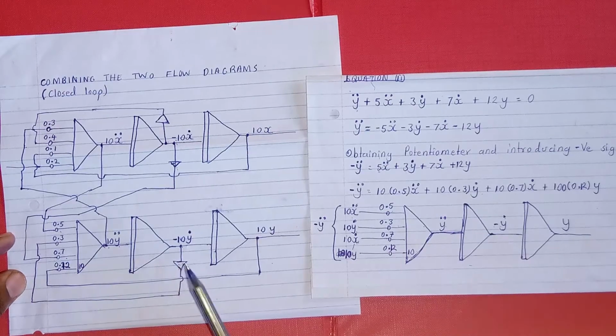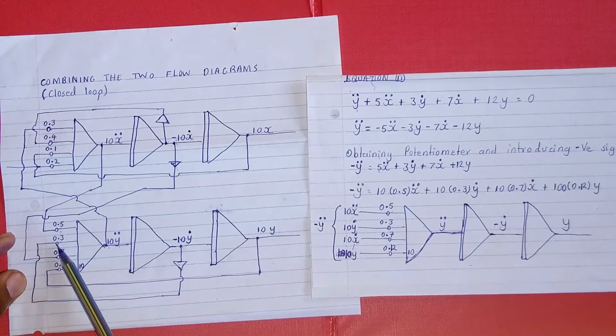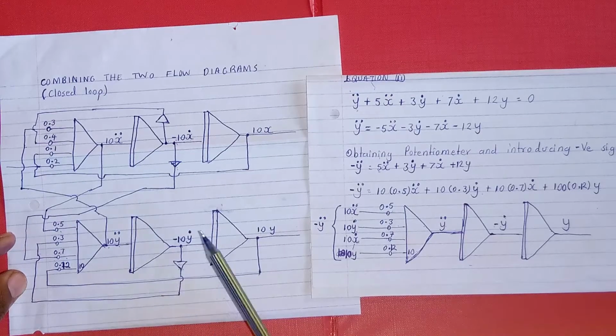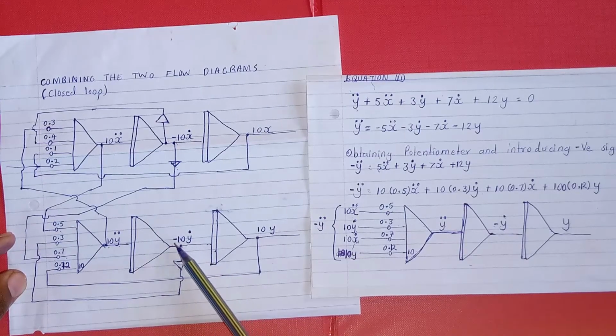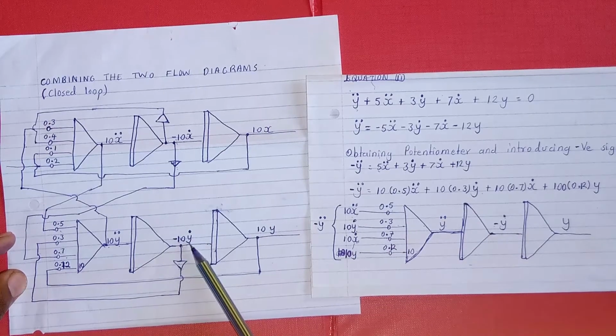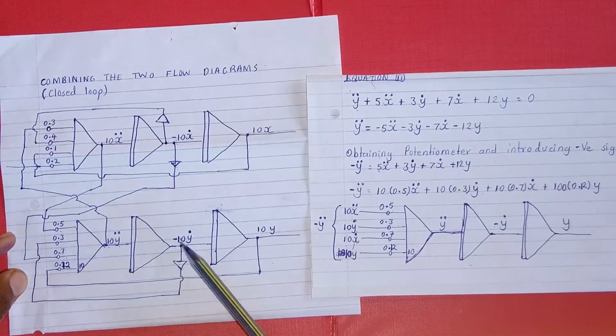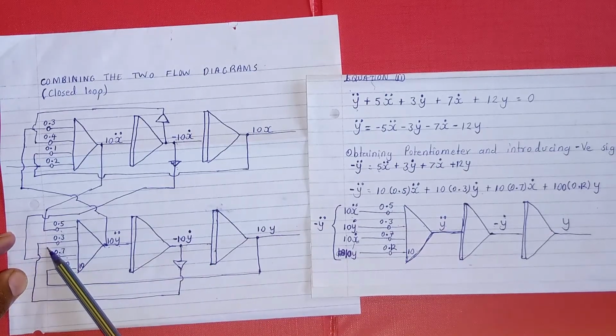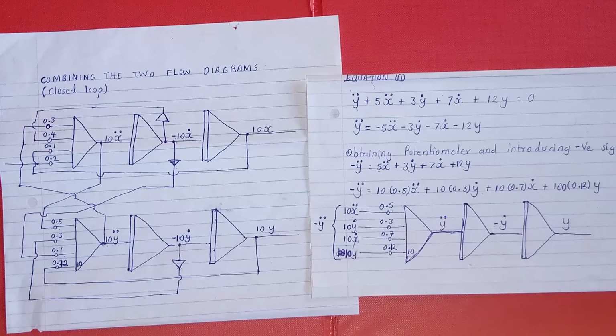So by introducing this inverter, now it is represented by this triangle and a bubble here. So the bubble means it has an inverting effect. So our negative 10y first derivative will be inverted to positive 10. So it will be the same. The value here will be matching.